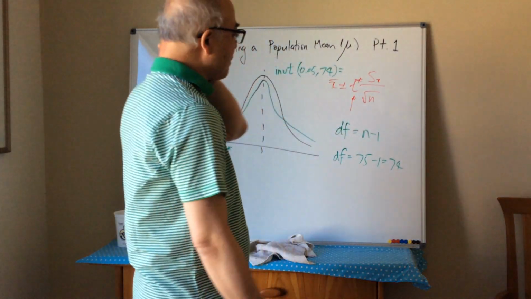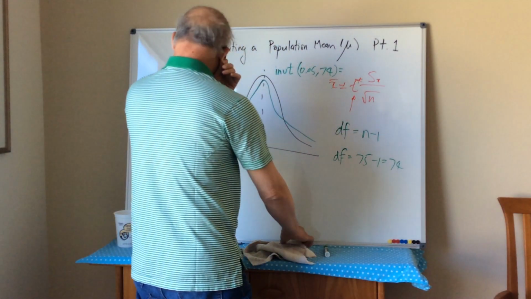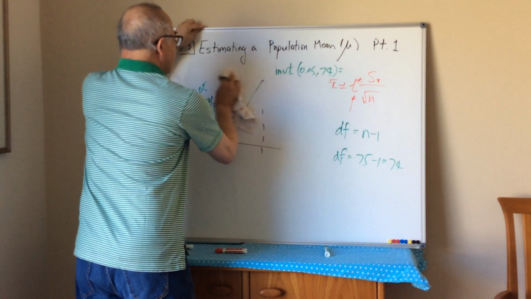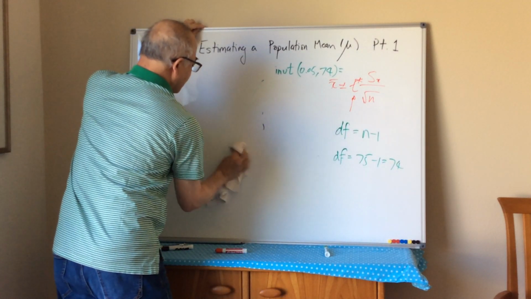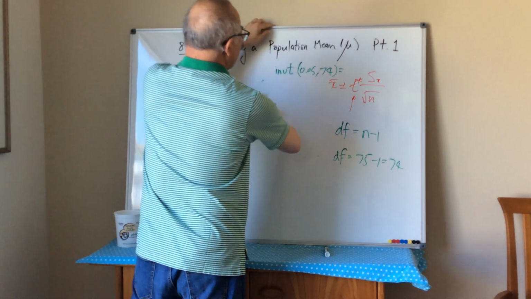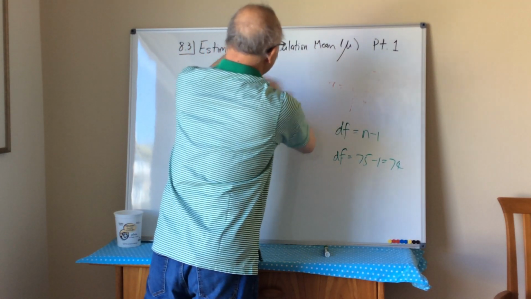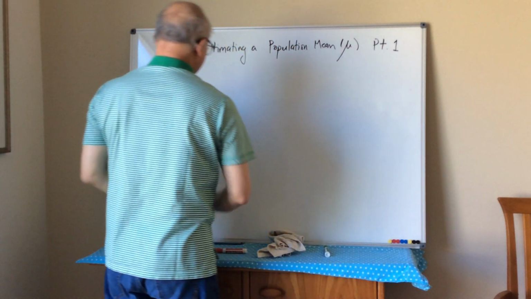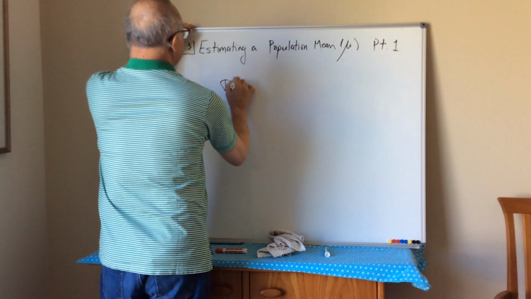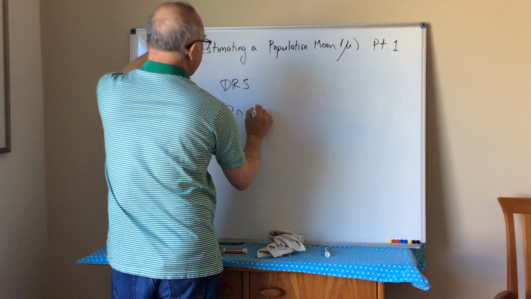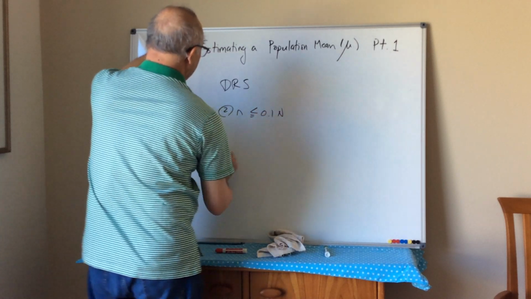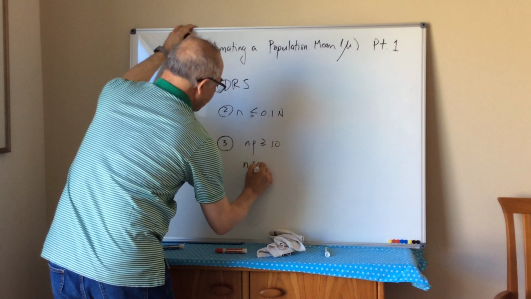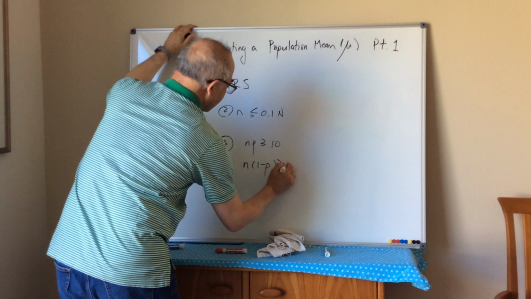There are conditions that have to be met, just as when we did the proportion. Same thing here. When it comes to the mean, you have three conditions that have to be met. What were the three conditions we were looking for when we were talking about proportions? The first one was that it has to be a random sample. The second one was that you cannot oversample. And then the third one was this one.